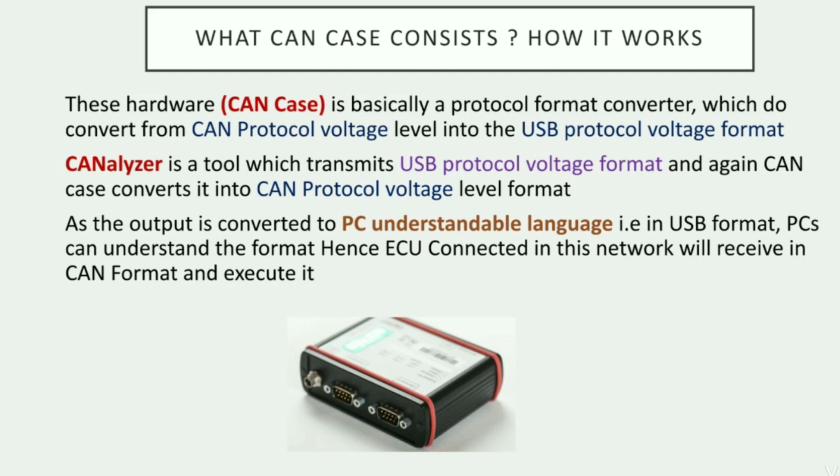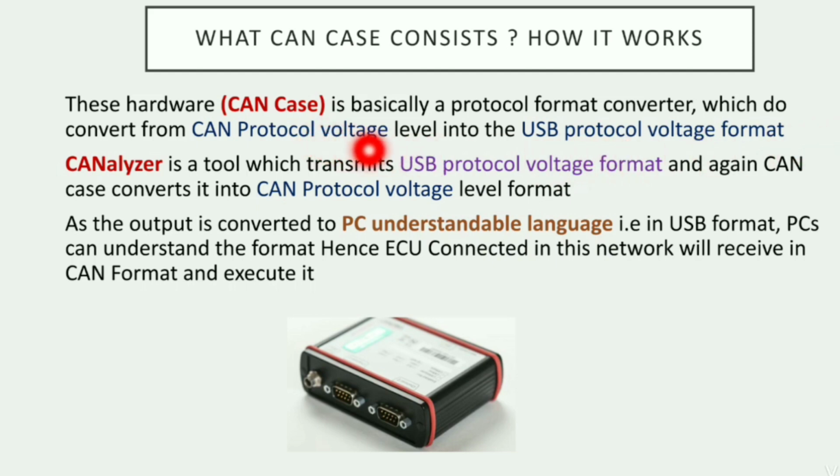It is basically a protocol converter which converts from the CAN protocol voltage level into the USB protocol voltage format. Of course, you may be aware of the CAN protocol voltage level; we have discussed 2.5 volt, 5 volt, 4.5 volt in the CAN protocol voltage level. And whatever we use to connect to our PC or laptop is a USB protocol voltage format.